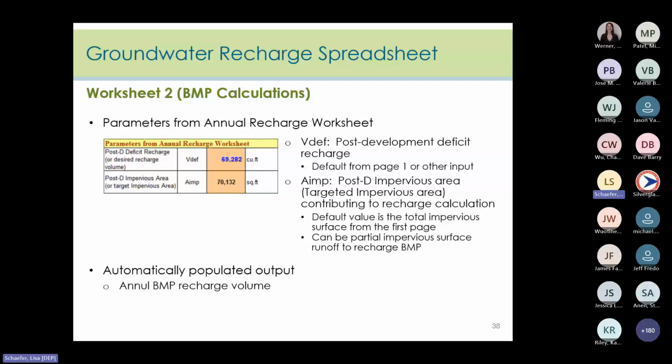In another situation, you may have more than one BMP, such as 2 infiltration basins in 2 locations or have different soils. So then you're going to use more workbooks and split the impervious surface between these locations in their respective workbook. And then you're going to add the annual BMP recharge volumes together to check if it's equal to or greater than the deficit originally calculated for the entire site.